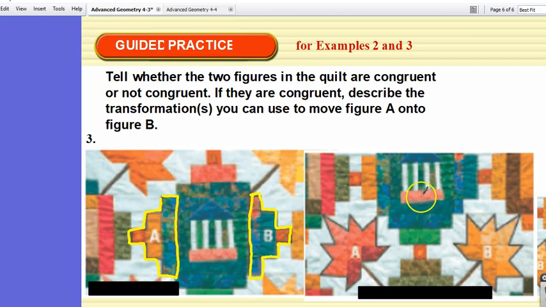They're not congruent. I don't know if you can tell, but this is thinner here than it is here. They're not exactly the same. They're not congruent.